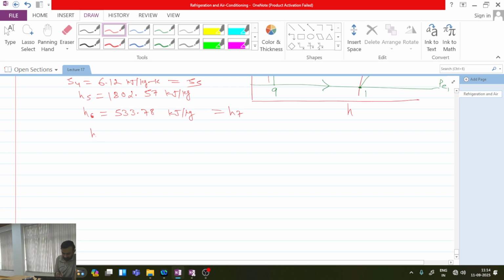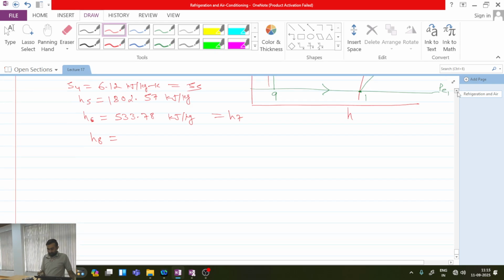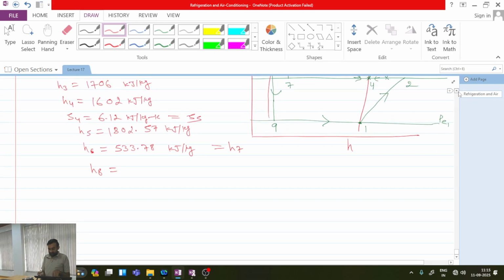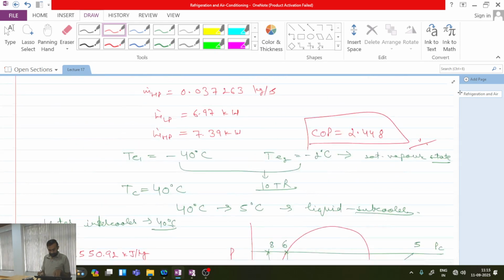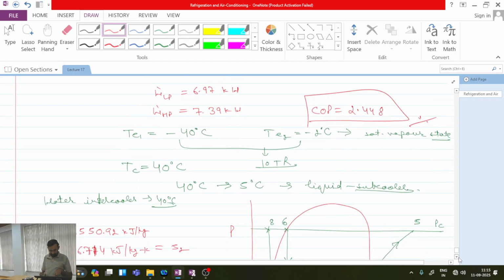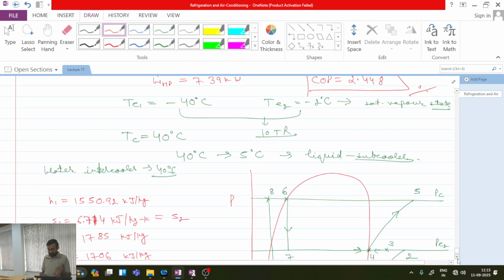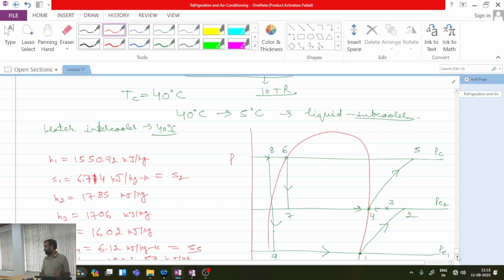Okay. Now what will be H8? H8 will be saturated enthalpy at, sorry, not saturated. H8 will be subcooled state. Approximately saturated. Oh, that approximation you have taken? Yes. So there is no subcooled table in this, okay, subcooled table was not there.